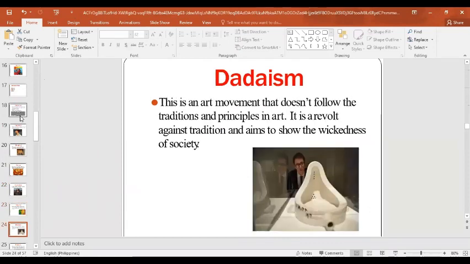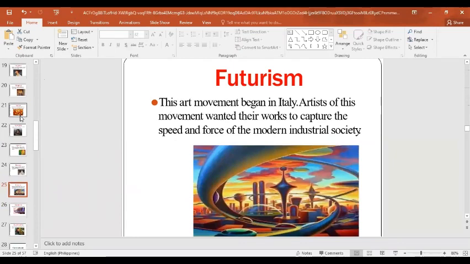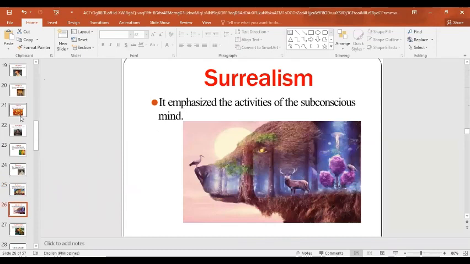We also have Dadaism, against sa tradition ng art movement, but still art pa rin naman siya na pinapakita yung wickedness ng society. We have futurism, yung advancement ng technology na meron tayo. We have surrealism, pinapakita naman dito yung inner mind or subconscious mind na meron tayo.